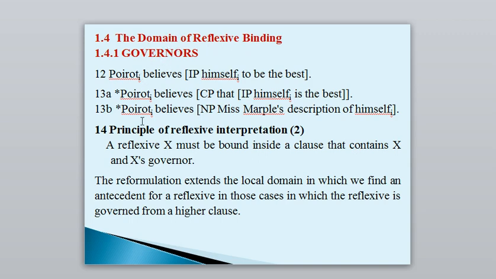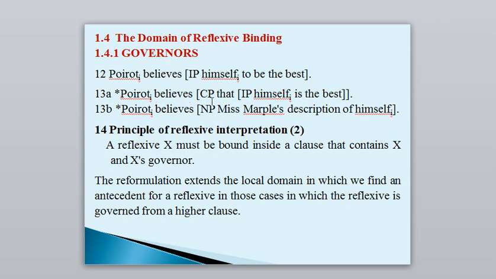Look at these examples again. Poirot believes himself to be the best. Poirot believes that himself is the best. And Poirot believes Miss Marple's description of himself. You see here, the first one is correct because himself as a reflexive can come back to Poirot, and this is okay. The second one, Poirot believes that himself is the best.